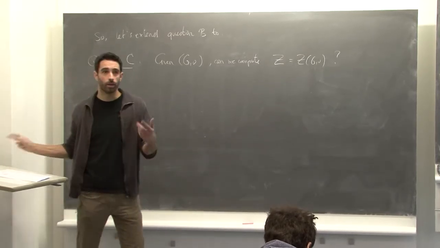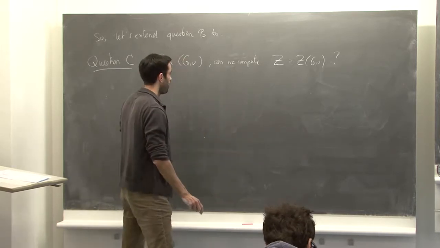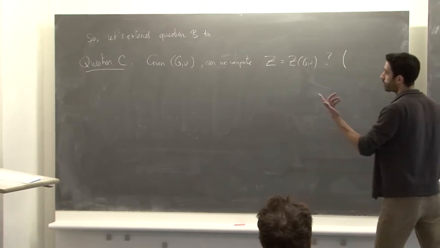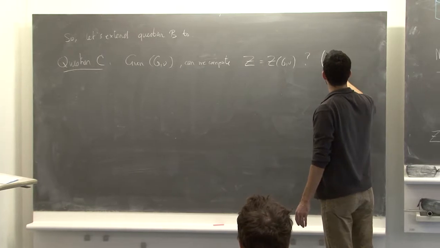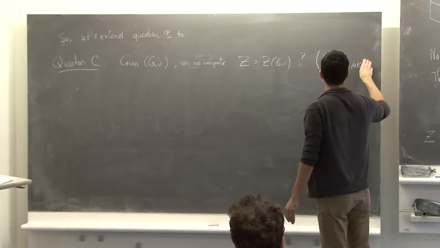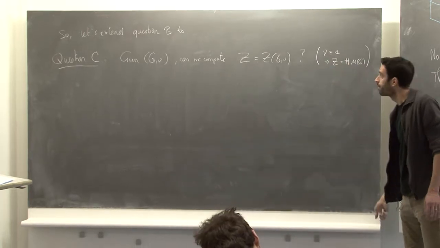Again, in an efficient way. And you understand, of course, that this generalizes question B, because if you set mu equal 1, then Z is simply the number of perfect matchings.